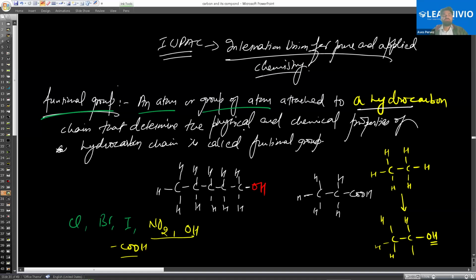So what is a functional group? An atom or a group of atoms attached to a hydrocarbon chain that determines the physical and the chemical properties of that hydrocarbon is called a functional group.